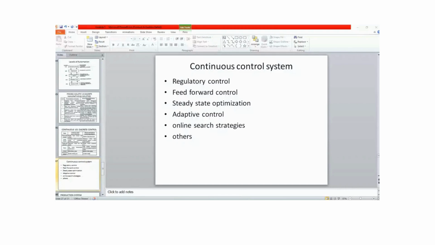So in the continuous case, feed forward takes corrective measures before any disturbance commences in the ongoing process. That is what we call a feed forward control system.